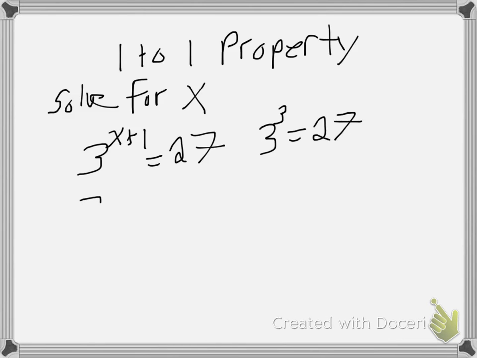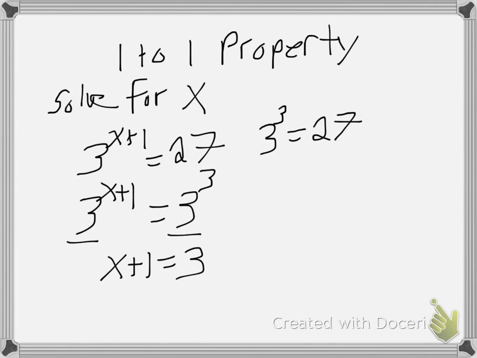So I'm going to rewrite 27 as 3 cubed. Now I have the same base. So if these two statements are equal, that means that x plus 1 has to equal 3, or x has to equal 2. And that's all the one-to-one property really is. Let's do a couple more examples of that.